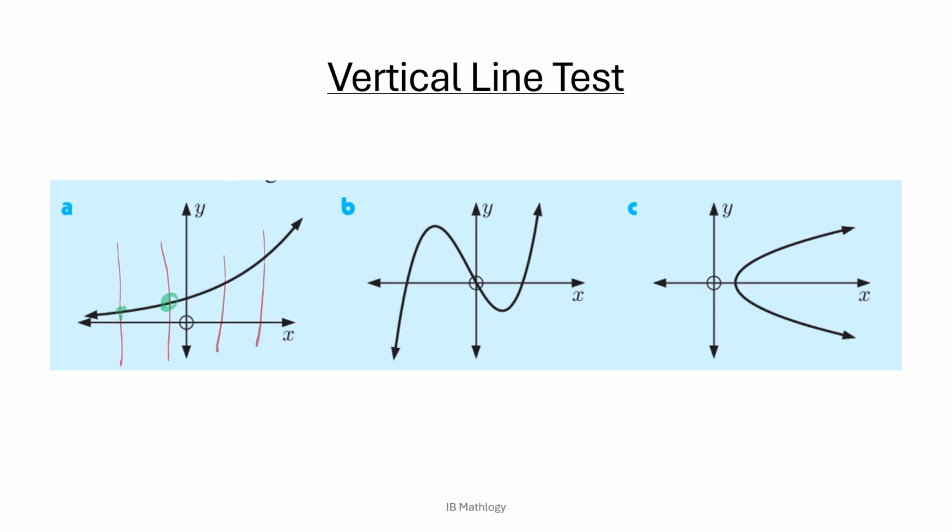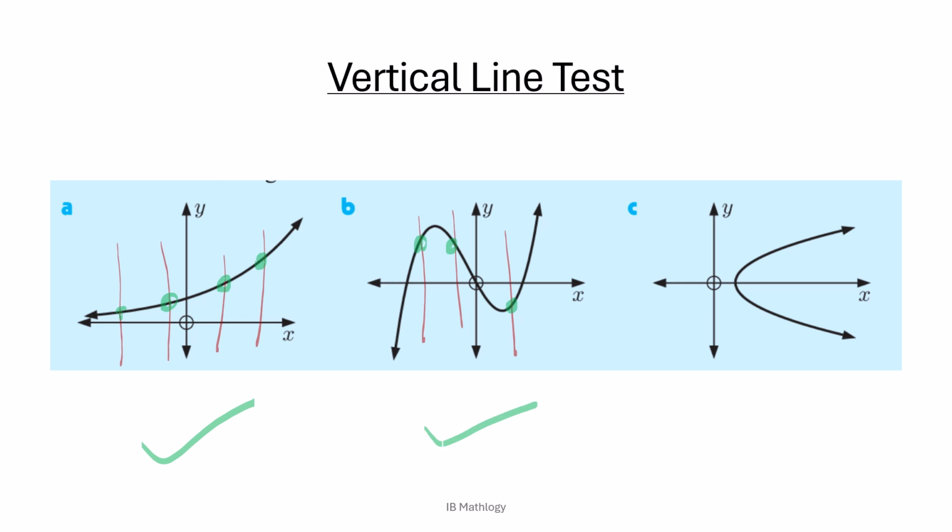It means it is a function. So the vertical line test says when you draw vertical lines and they cut the graph at one point only, it means that graph is a function, not just a relation.